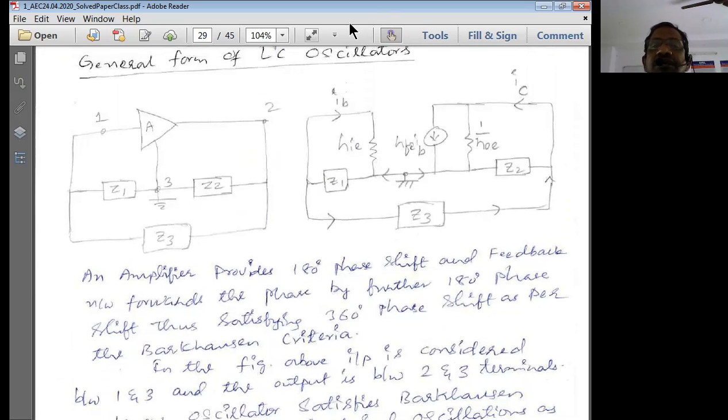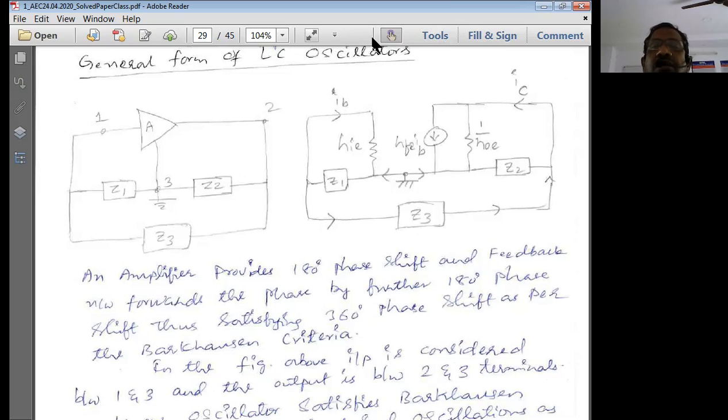You should go through this circuit, very important. If you don't know this particular equivalent circuit that I have drawn just now, it's very difficult to come to the derivation part. As I told you already, the derivations are really very important for us.